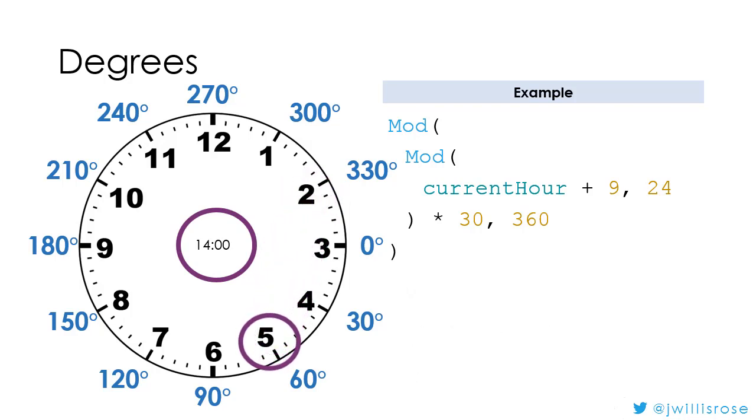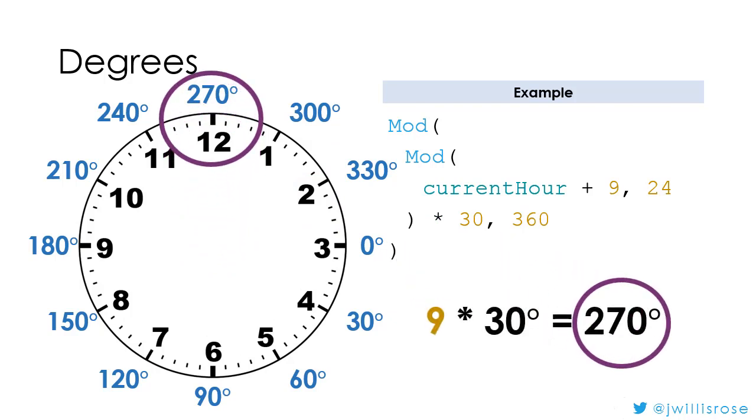Well, there's 1, 2, 3, 4, 5, 6, 7, 8, 9 hours between where it appears on the clock face and where you want it to appear. That's where the 9 comes from. Another way to look at it is 9 times 30 equals 270, which is the 12 o'clock mark.